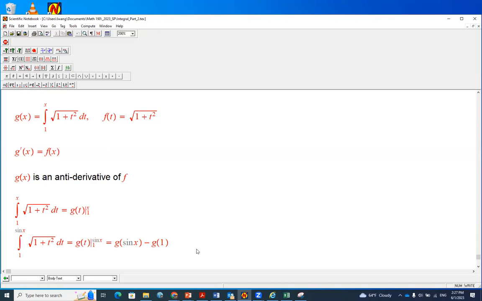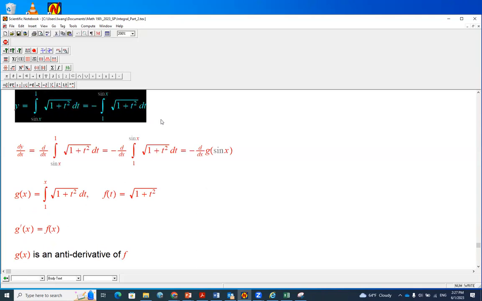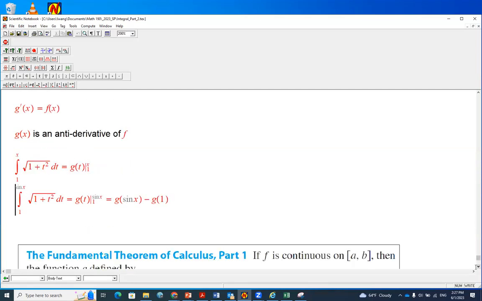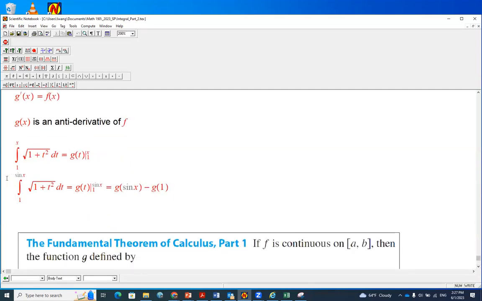Okay, so now our goal is to take a derivative of this piece. That's our y. So let's first just take a derivative, because y is something else. We take a derivative of this piece, and we're taking derivative on the other side.